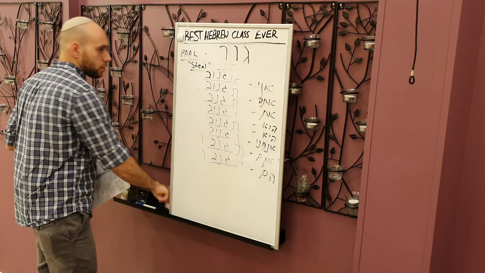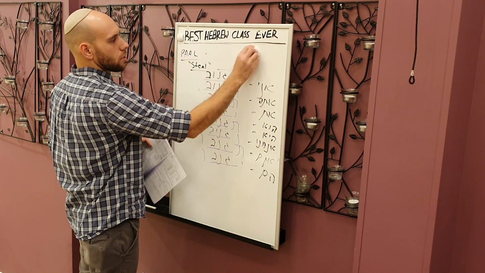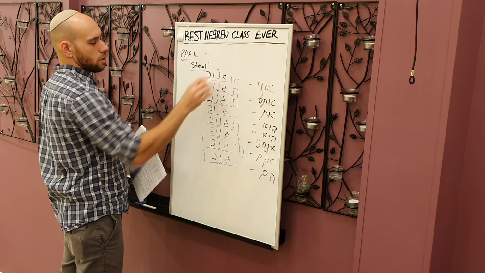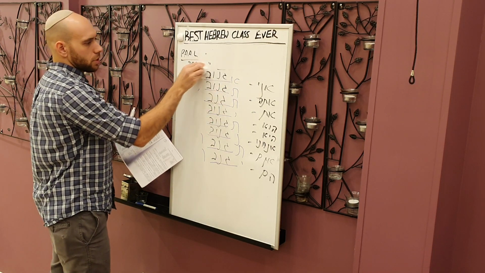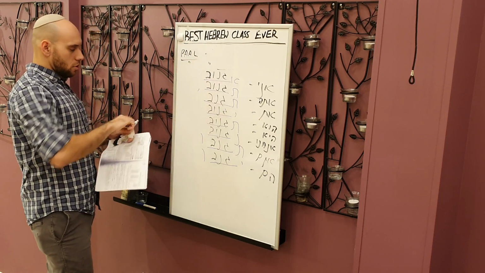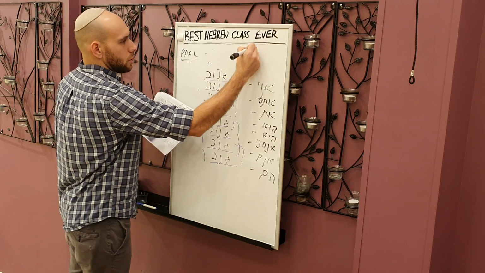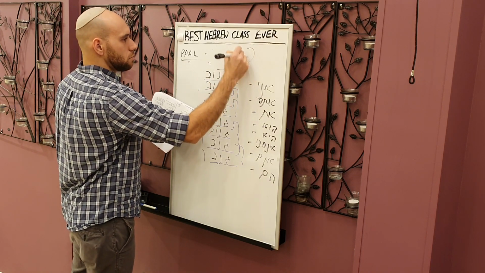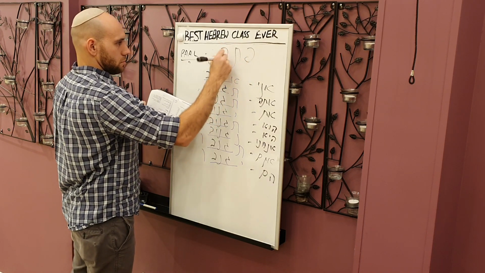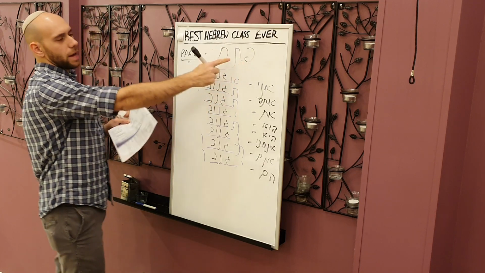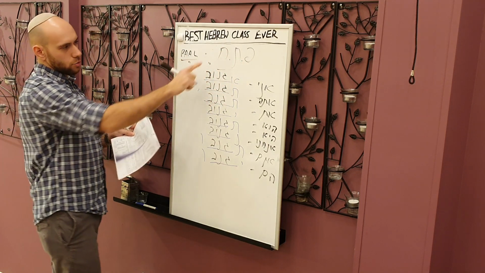Now we're going to go to another verb. This verb is also pa'al, but the root here is pei tav het, okay, which means to open.